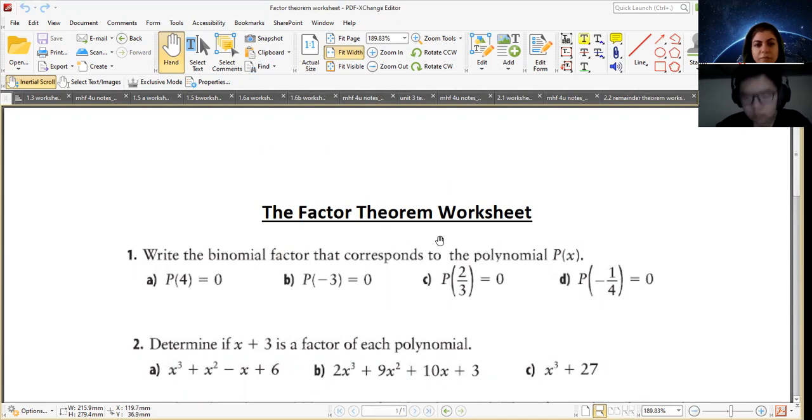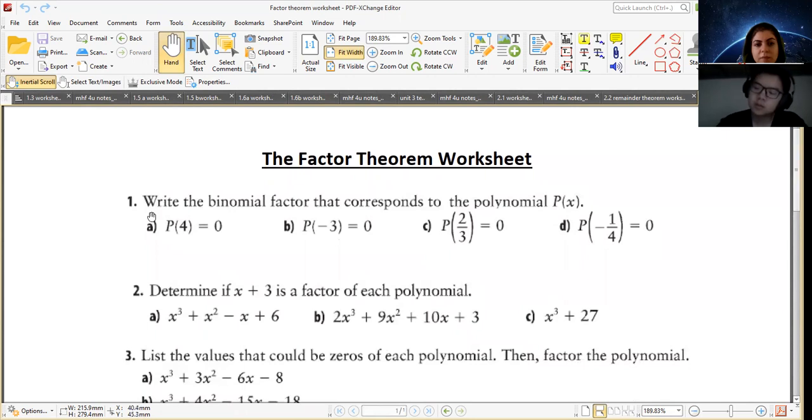Together? Yeah. I want you to do question 1. Make sure when you do the question, for example, P4 is 0, means x minus 4 is a factor, right? So you have to tell me what that factor is. Determine if this is a factor of each polynomial.